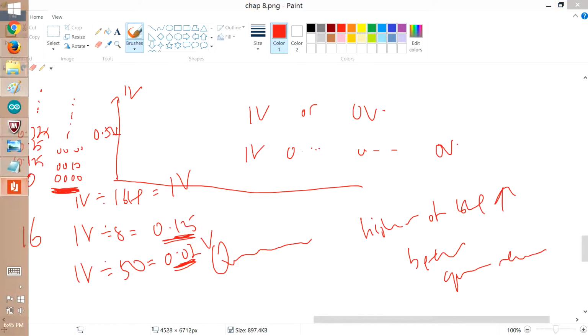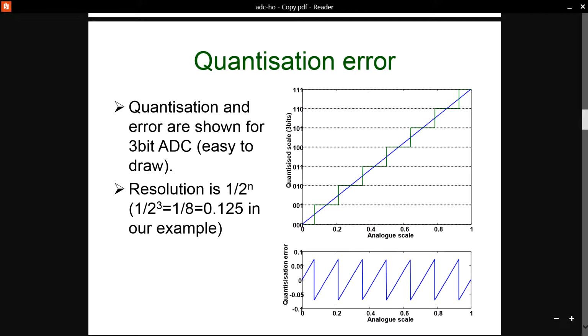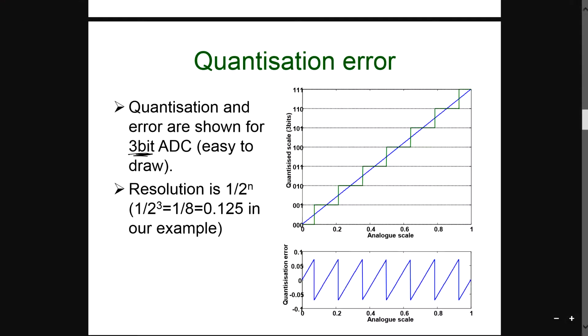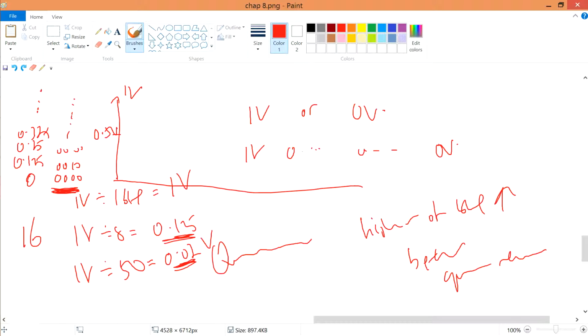What I'm doing now is in terms of a 3-bit ADC. 2 to the power of 3 equals 8. So your 1 volt divided by 2 to the power of 3 equals 0.125. So what I said earlier should be wrong, because this is actually 3-bit.